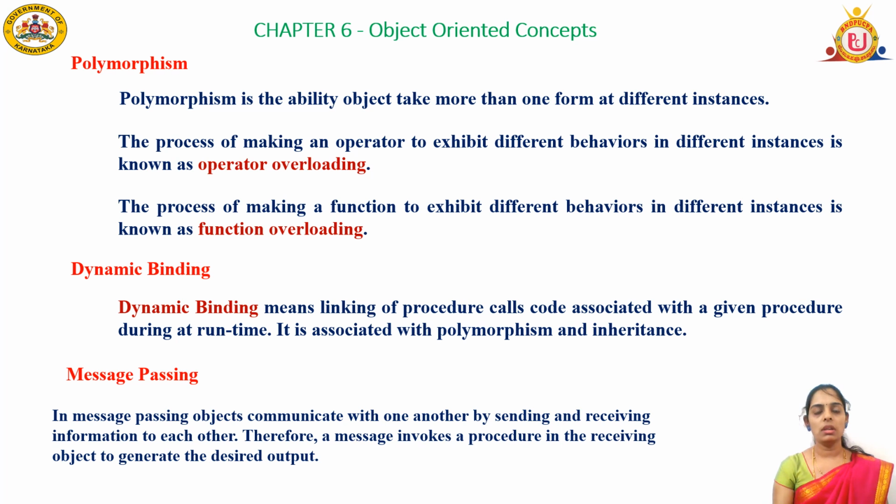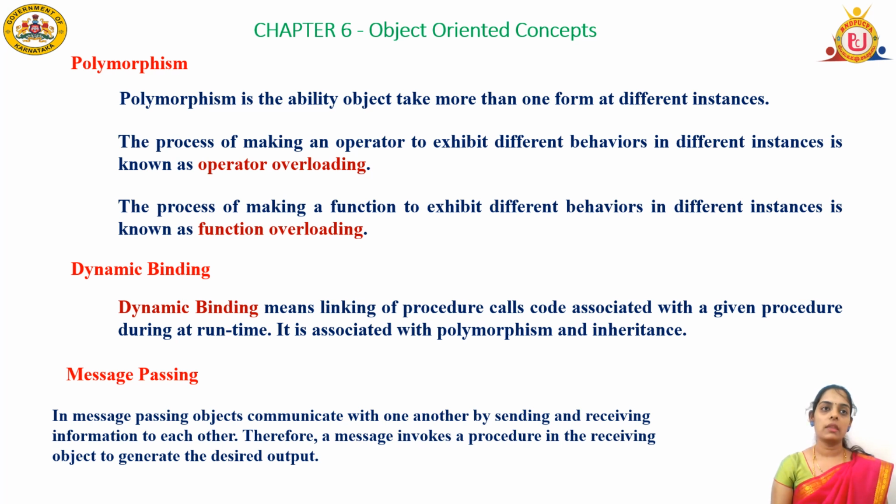At the same time, it can also calculate the sum of three numbers. So it is exhibiting different behavior in different instances, as both functions have the same name. So polymorphism is the ability of an object to take more than one form at different instances.